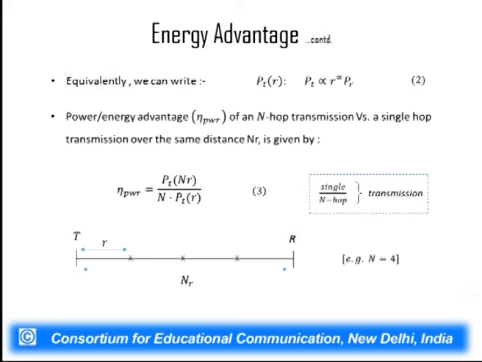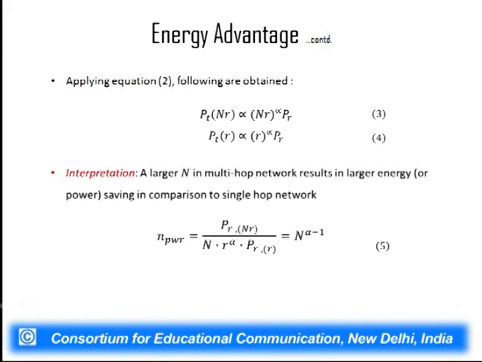So when we talk about single hop transmission, we are talking about the distance nr. And for n-hop transmission, the multi-hop part, we are traversing that small distance r how many times? N times. So it's like n multiplied by PT(r). In this particular example, n is taken to be 4. So let's proceed further.